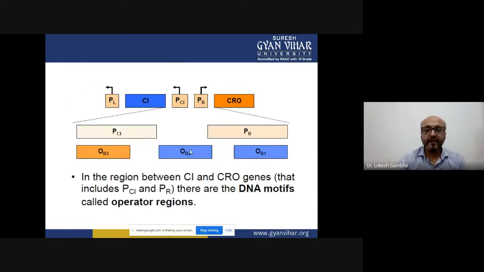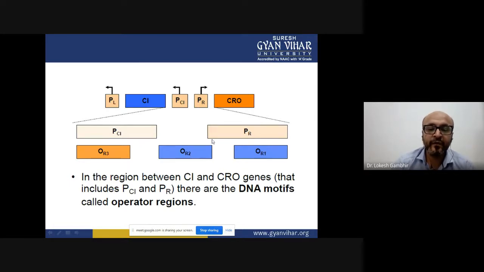If you look at this particular region, which we are talking about, the C1 and the CRO, in between these two genes there are two promoters, promoter C1 and promoter R, that we clearly understood. But along with these two promoters, there are three DNA motifs which are called operator regions. These operator regions are arranged in such a manner that OR1, that is operator 1, is close to the CRO protein, and it is overlapping with the PR.